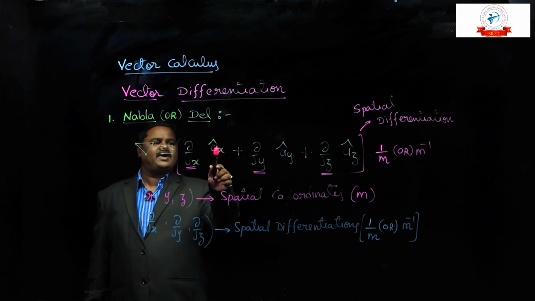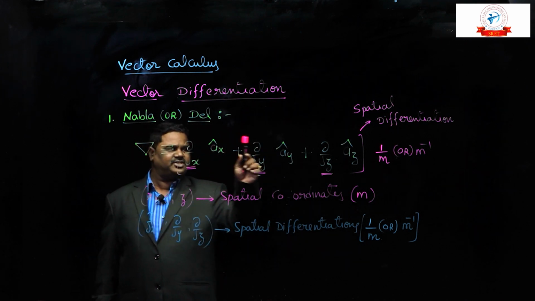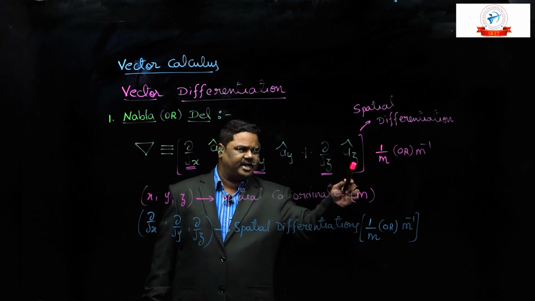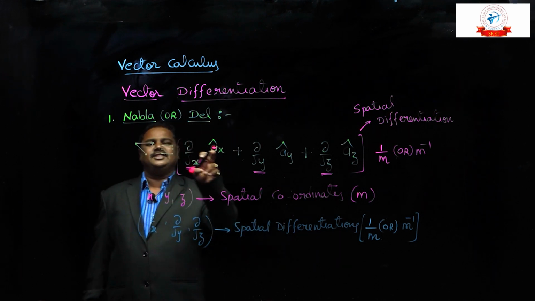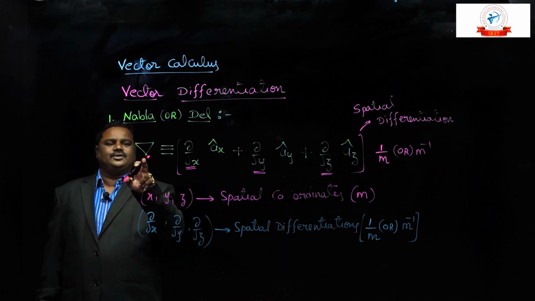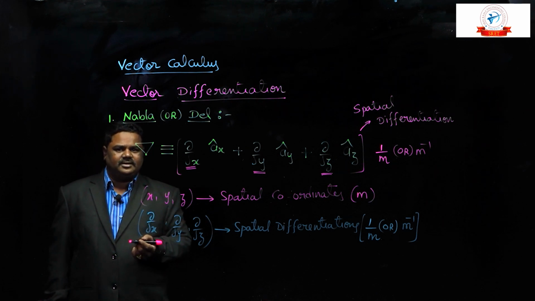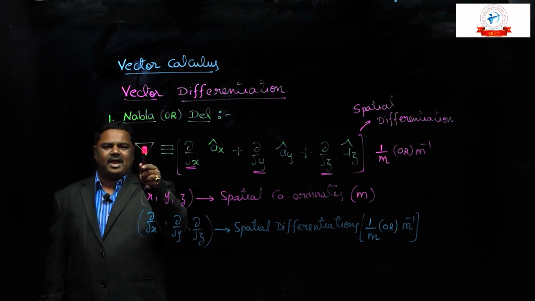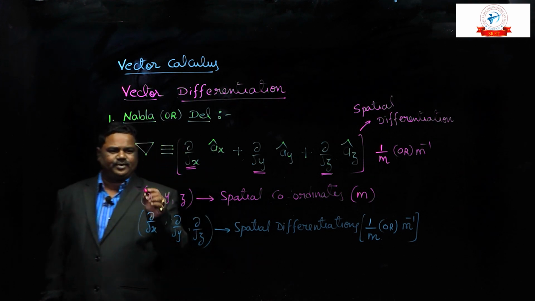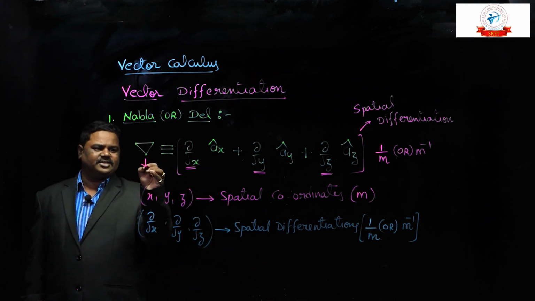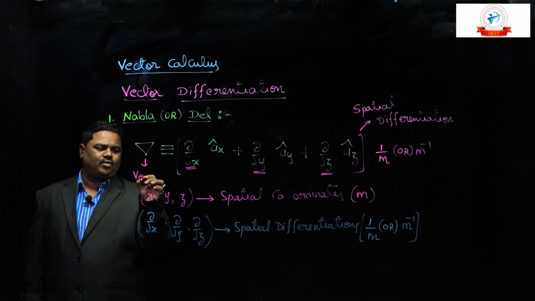So each term contains a direction: x-axis, y-axis and z-axis direction. Whenever any parameter contains direction, then this parameter is called a vector. So I would like to say, as the second point, that this del operator or nabla is a vector quantity because it has direction.